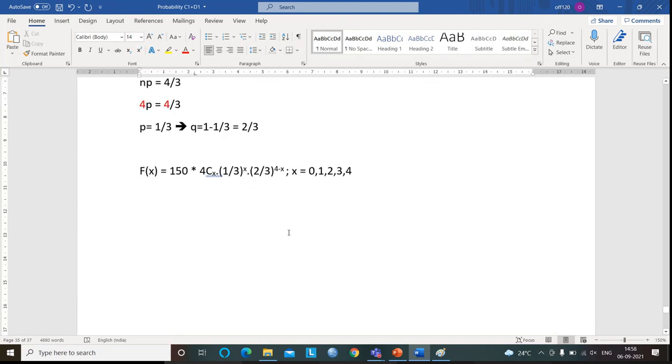Now x is equal to 0, I need to find out the capital F value. So now see here, simply by substituting, let x is equal to 0. Then what happens?